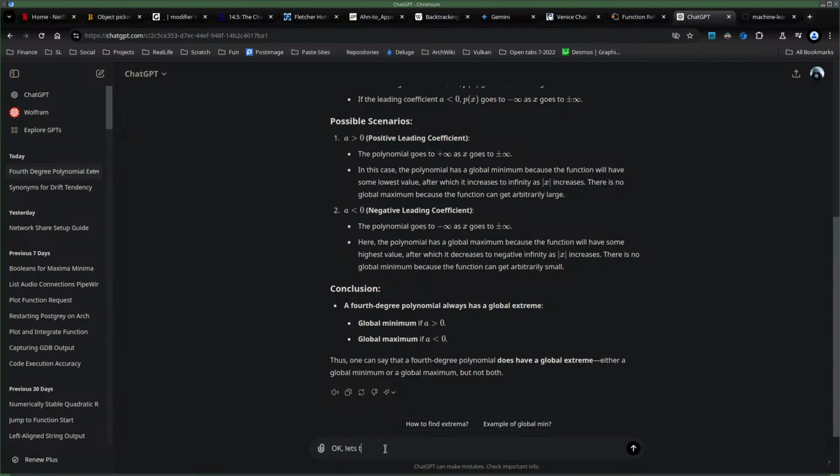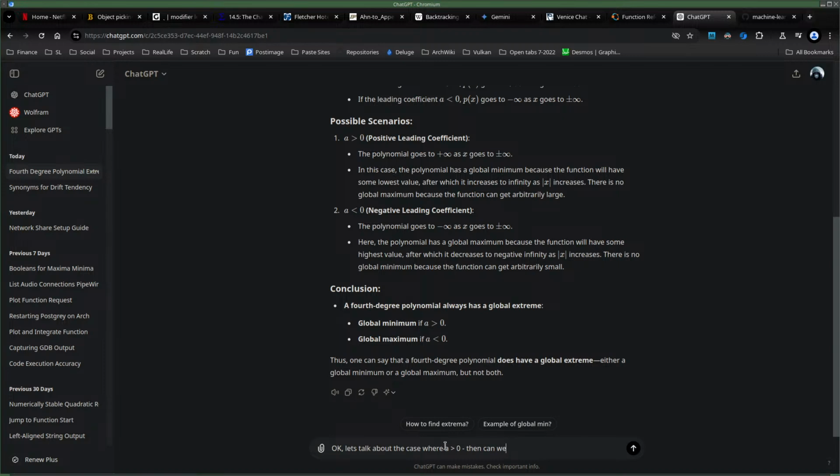Okay, let's talk about the case where a is larger than 0. So then it goes to plus infinity.